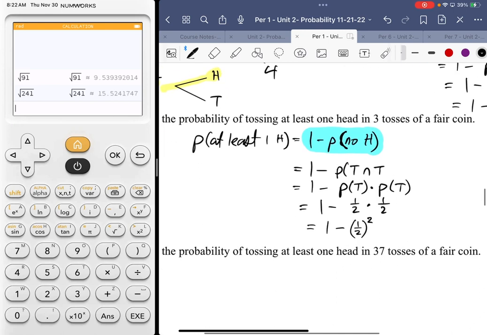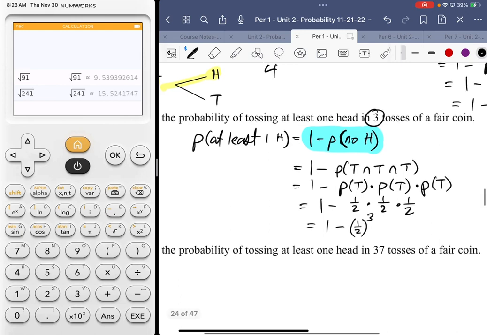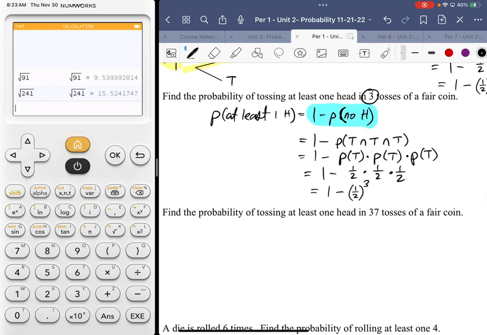In this case, because it's 3 tosses of a coin, no heads means tails and tails and tails. Still independent, so still multiplying by a probability of tails, which is 1/2, which makes this a power of 3. All right, 1/2 to the third power is 1/8.